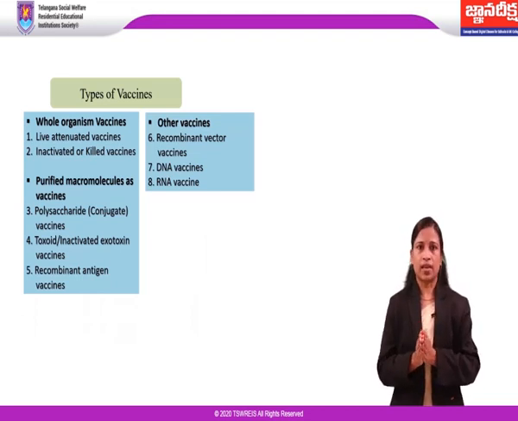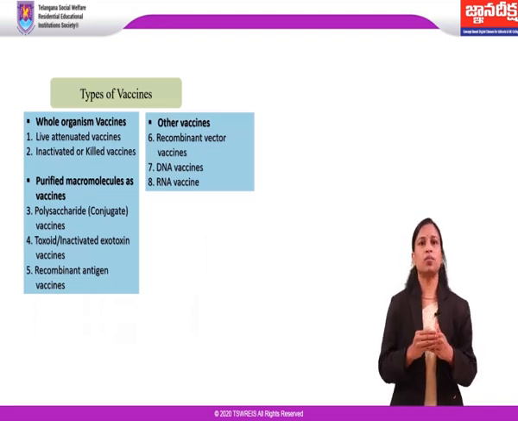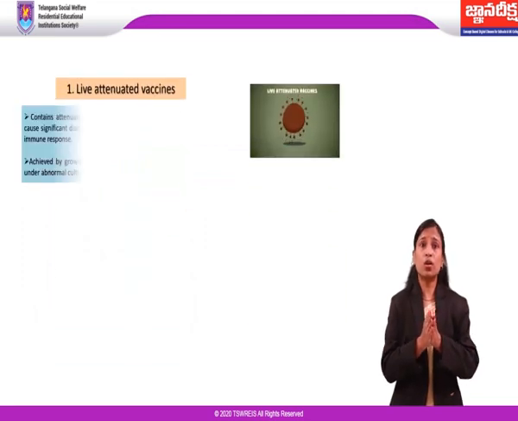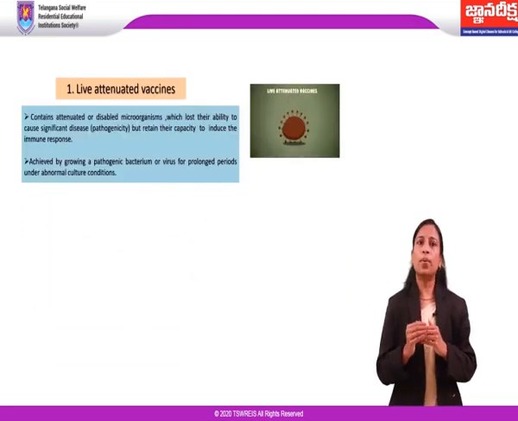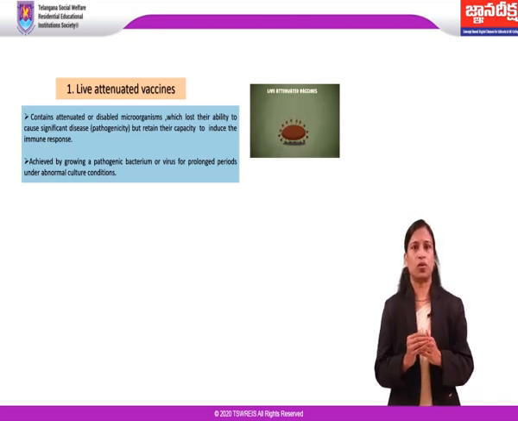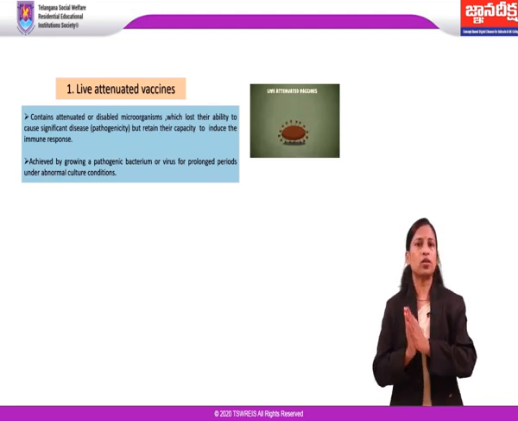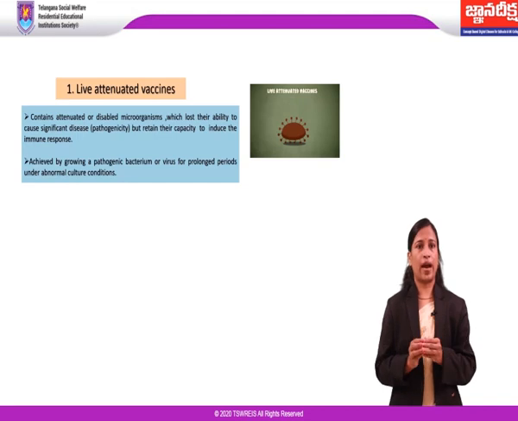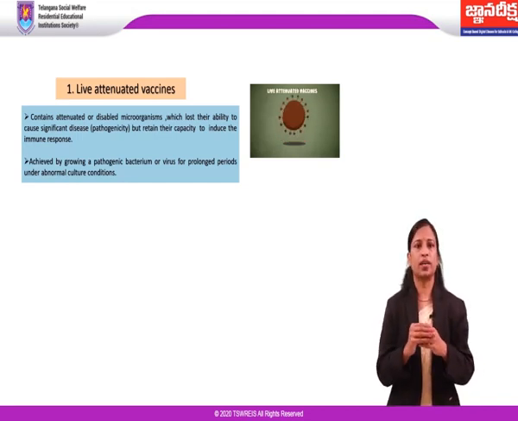Live attenuated vaccines contain attenuated or disabled microorganisms which have lost their ability to cause significant disease but retain their capacity to induce the immune response. Attenuation can be achieved by growing a pathogenic bacterium or virus for prolonged periods under abnormal culture conditions.